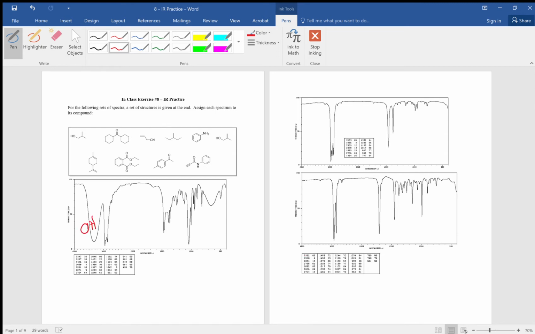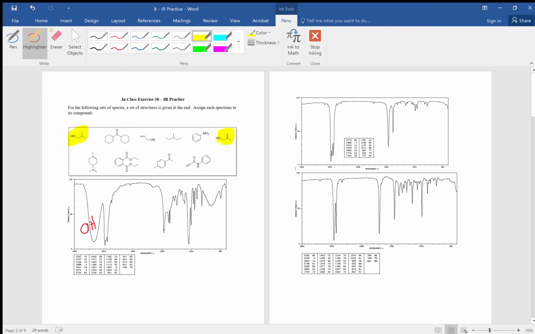And if you look at our list of possible compounds, we can see that there are 2 possible alcohols in the list. I'll highlight those in yellow. So we can see that we have 2 possible alcohols here.